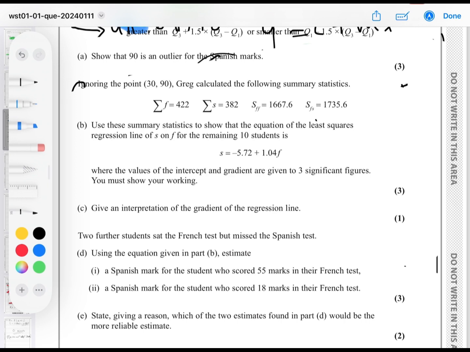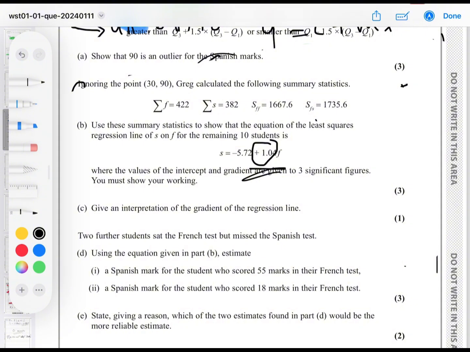In the third part they're discussing to give an interpretation of the gradient of the regression line. It's very simple. You can see the gradient is positive. So basically, for every extra mark in French, Spanish goes up by this gradient. A positive gradient indicates a positive correlation between the two variables.